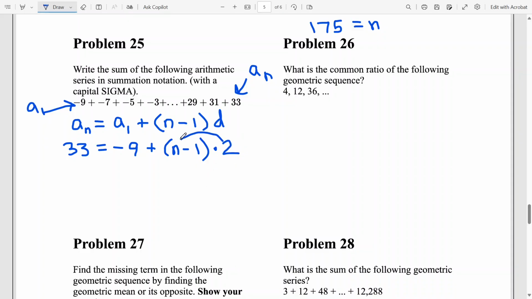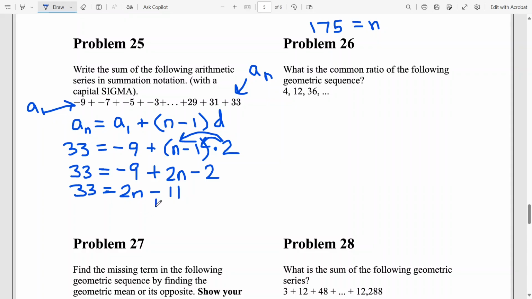Okay, so we'll distribute again. So we'll get negative 9 plus 2n minus 2. That's equal to 33. If we combine like terms over here, we have 2n minus 11 equals 33.